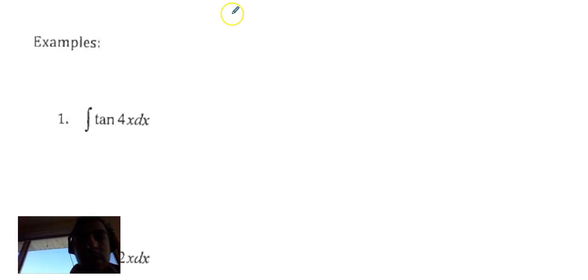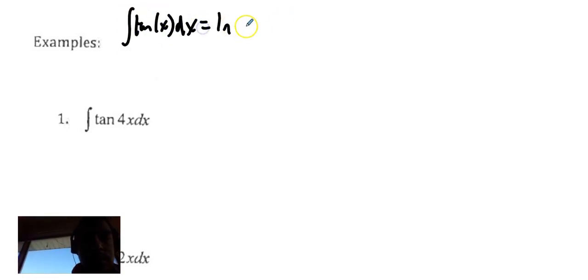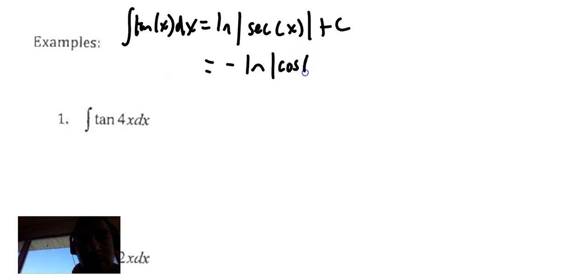So before I even start, I'm going to write down that the integral of tan x dx is equal to natural log absolute value of secant x plus c, or it's equal to negative natural log absolute value of cosine of x plus c.